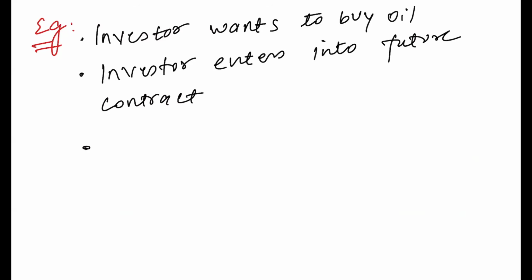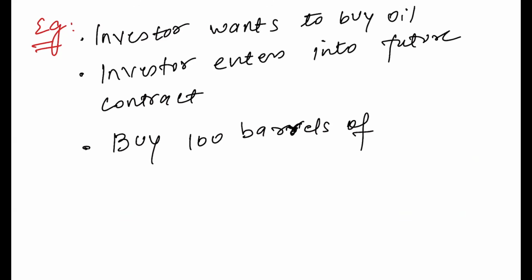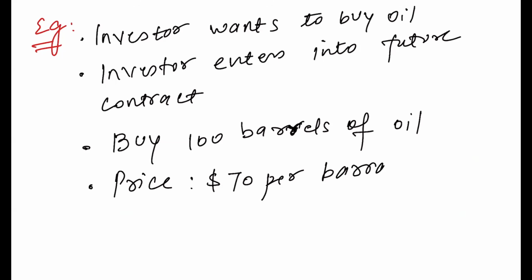So the investor wants to buy 100 barrels of oil. The price that he wants to buy at is $70 per barrel. And let's say the expiry is 3 months from now.